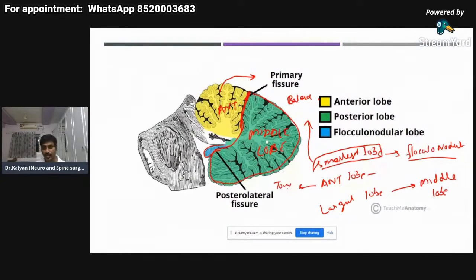The largest lobe, the highly developed lobe, is present in human beings and is not present in primitive organisms, and this largest lobe is the middle lobe. This is known as the neocerebellum, and its function is coordination of fine motor movements.